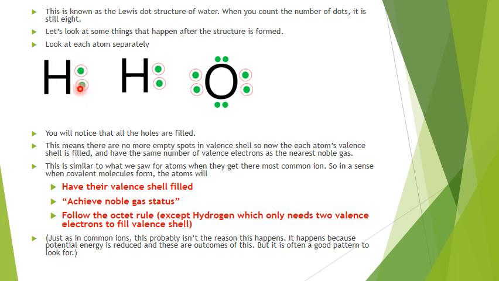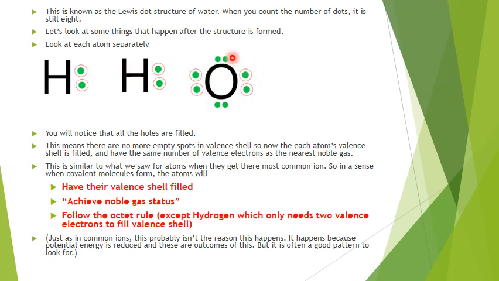It had these 2 holes filled, so it has a full valence shell. Remember, hydrogen is in the first shell, and the first shell can only have 2 electrons. Same thing here. Now oxygen has 2 of its own electrons, and now it's sharing 4 from 2 hydrogens, but in a sense oxygen also can claim these electrons as its own, even though they are here and here.